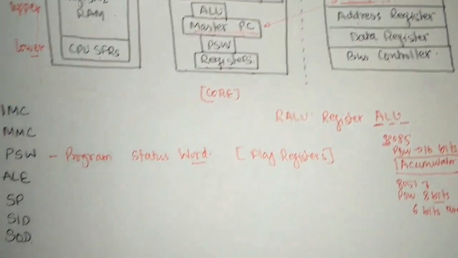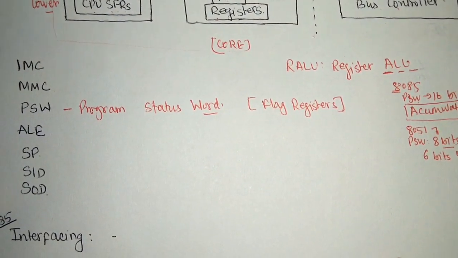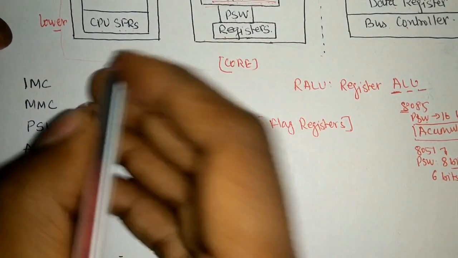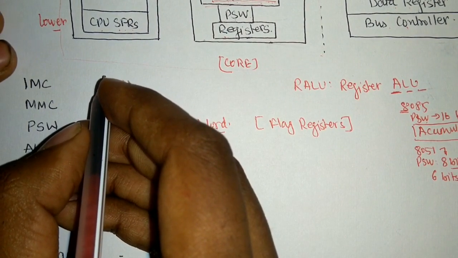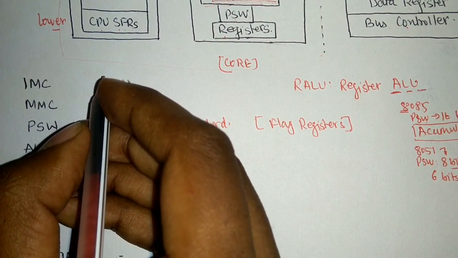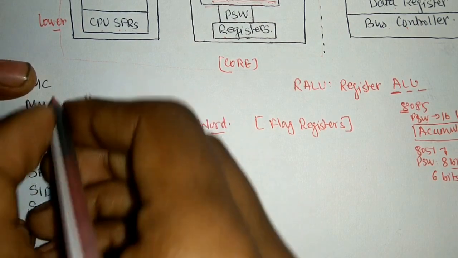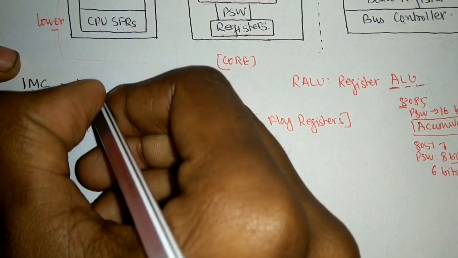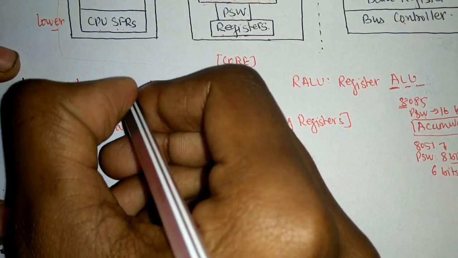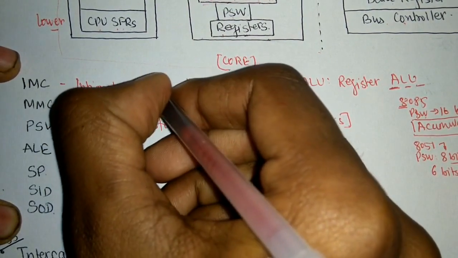Okay, so if you talk about other things related to microcontrollers, then there is the IMC. Okay, now what is an IMC? Integrated memory controller. Because we are using a memory controller here, right?